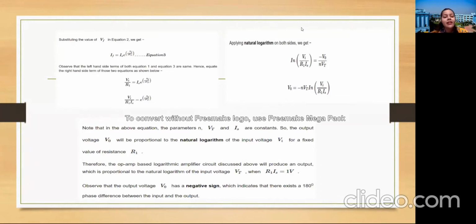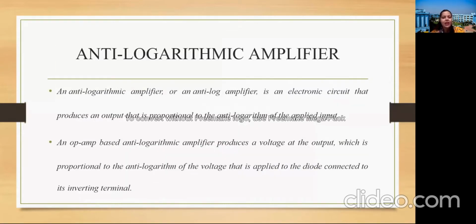Next we will cover the anti-log amplifier. An anti-log amplifier or an anti-logarithmic amplifier is an electronic circuit that produces an output that is proportional to the anti-logarithm of the applied input.